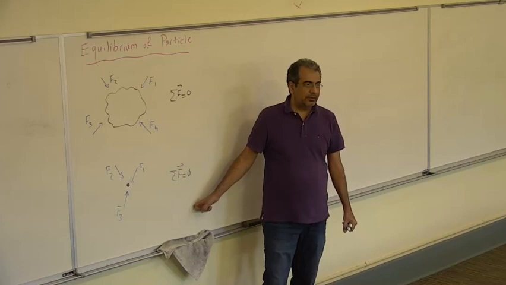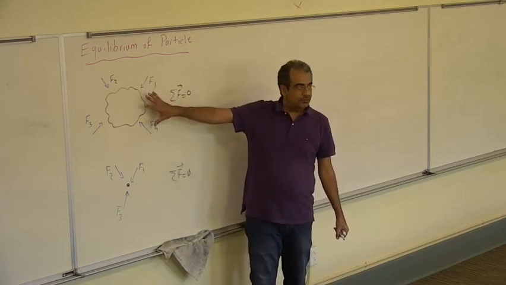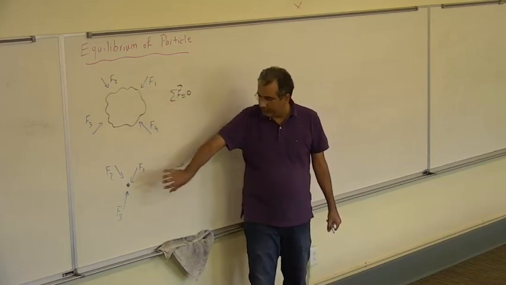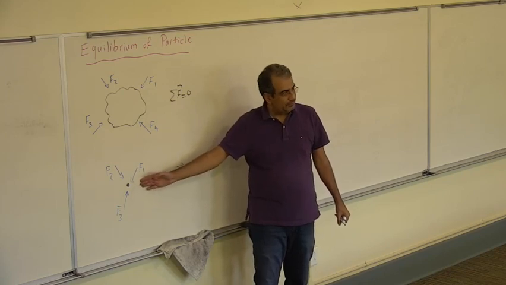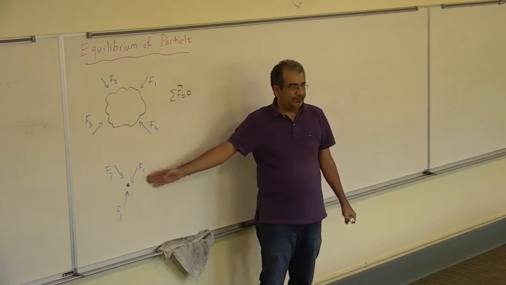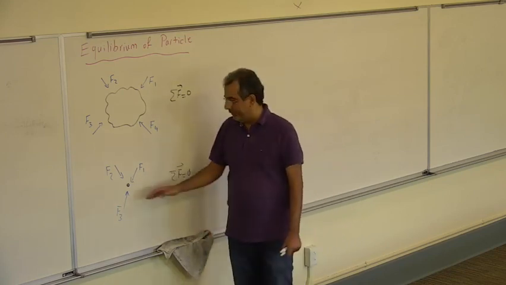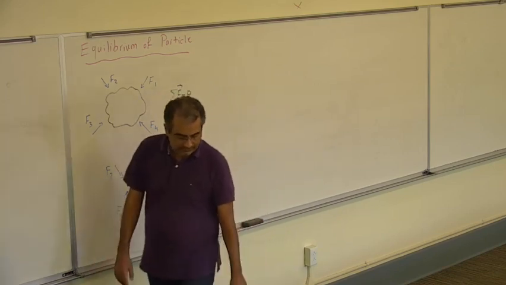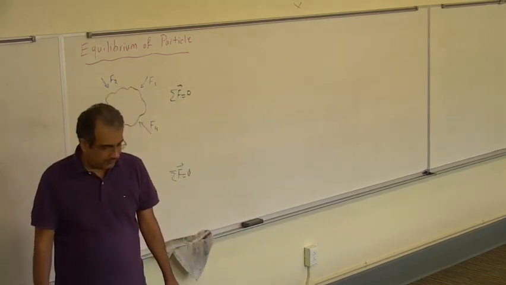So one more time, this is an object in equilibrium, this is a particle in equilibrium. In this chapter we are dealing with the particle, and later on we get to the object.